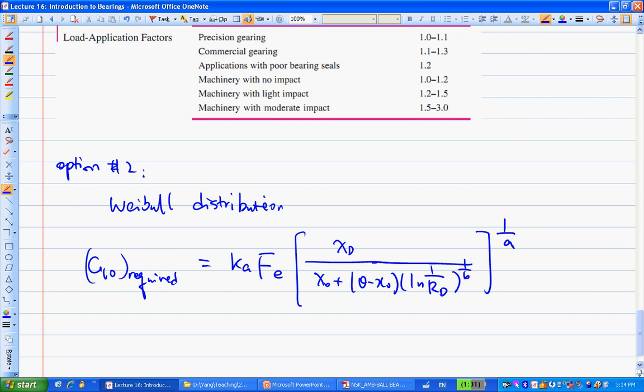So this is more complicated than the SKF life equation.